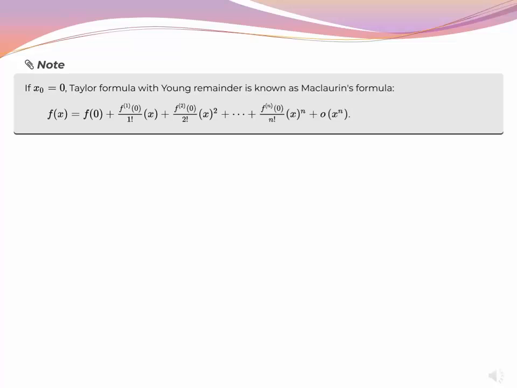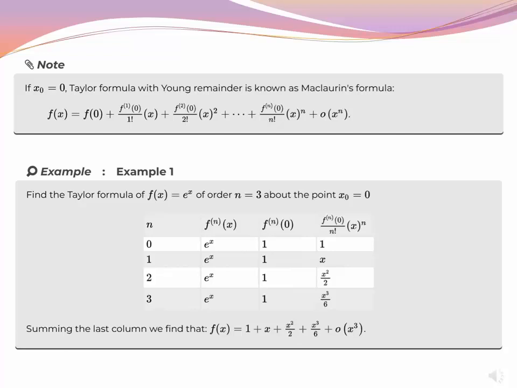Let's look at an example. We want to find the Taylor formula of the exponential function of order 3 at the point 0. From the table of derivatives, we see that all the derivatives of exponential x at 0 are equal to 1.